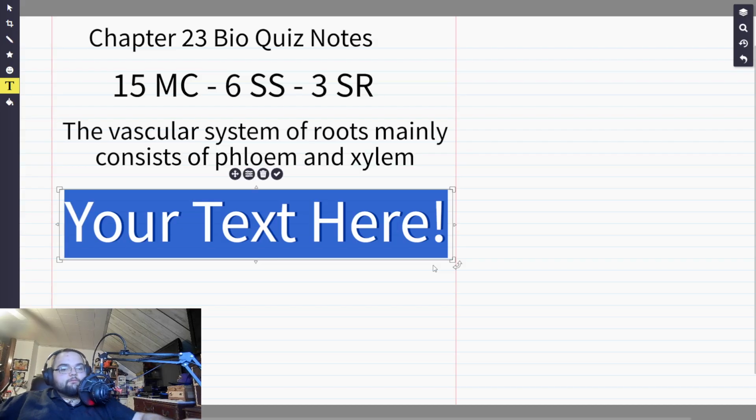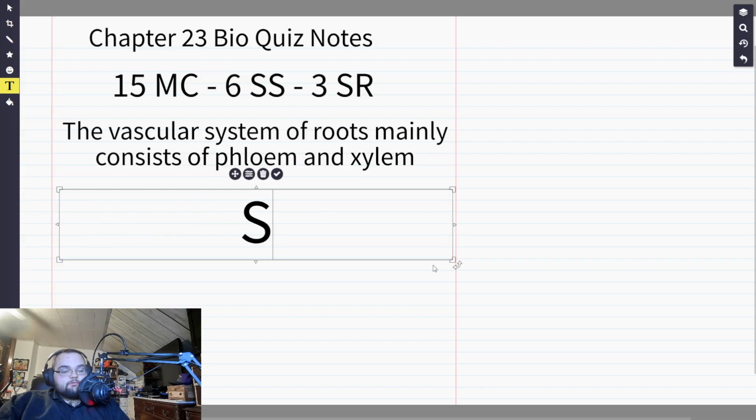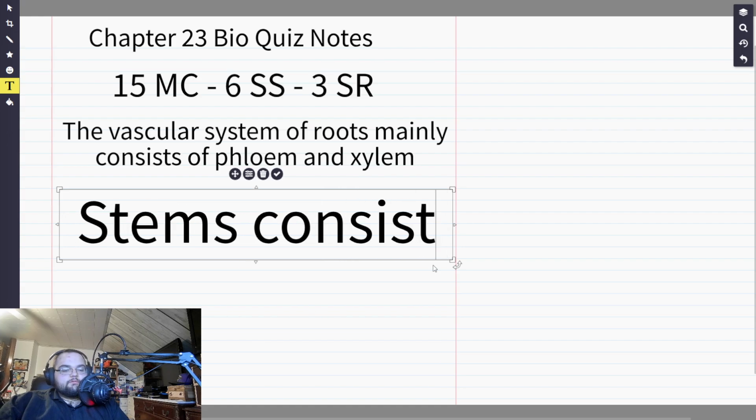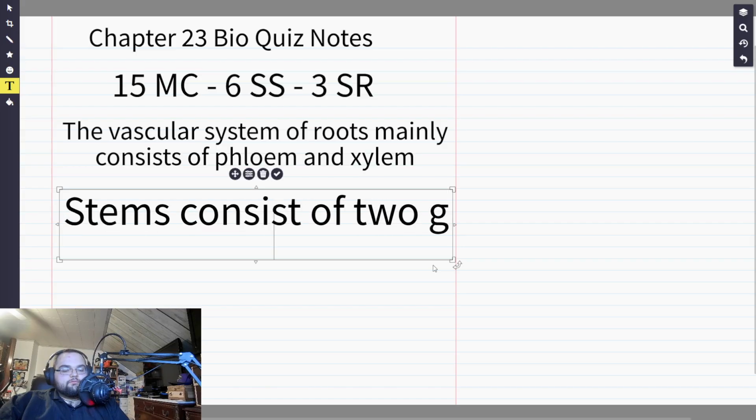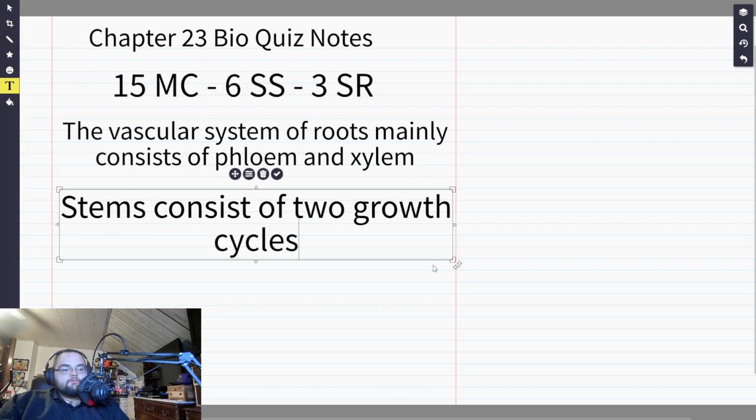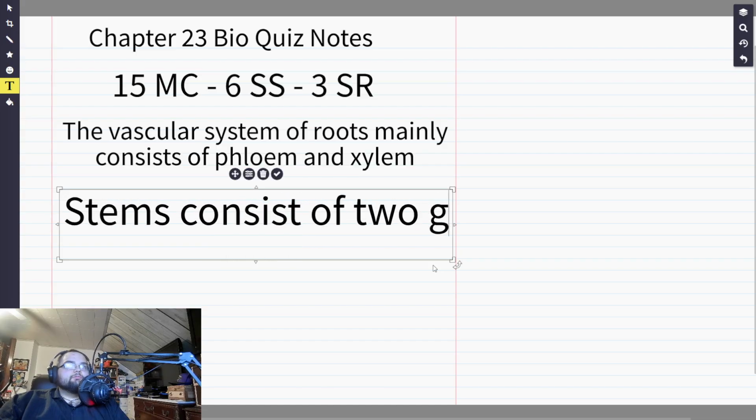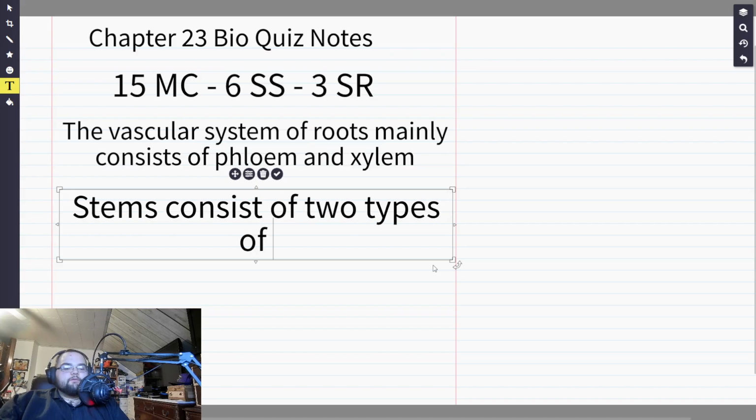Okay, let's see, what else do I got? Stems consist of 2 types of growth. Not cycles, 2 types of growth.